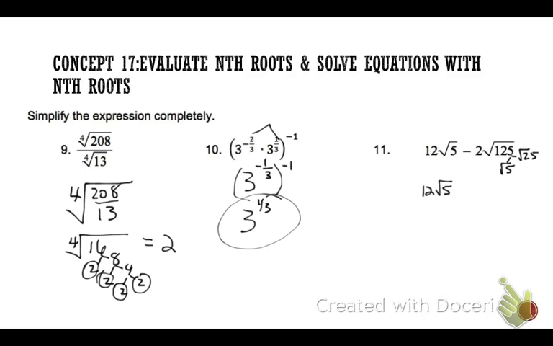So bring your first term down, and then we'll take the square root of 25, which is 5. It's going to multiply by the 2 that's already out there. So when we simplify that, we've got 12 square roots of 5 minus 10 square roots of 5. Now we can do that problem because that'll be 2 square roots of 5.